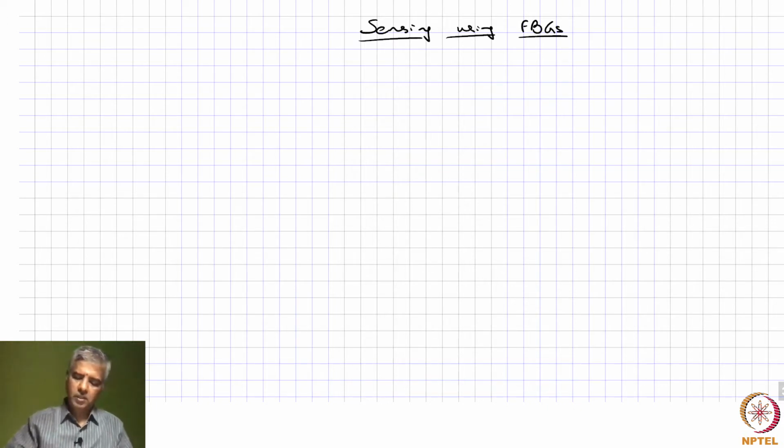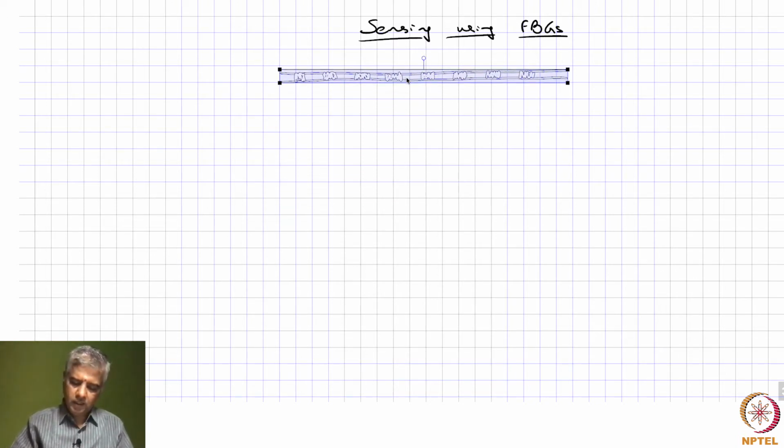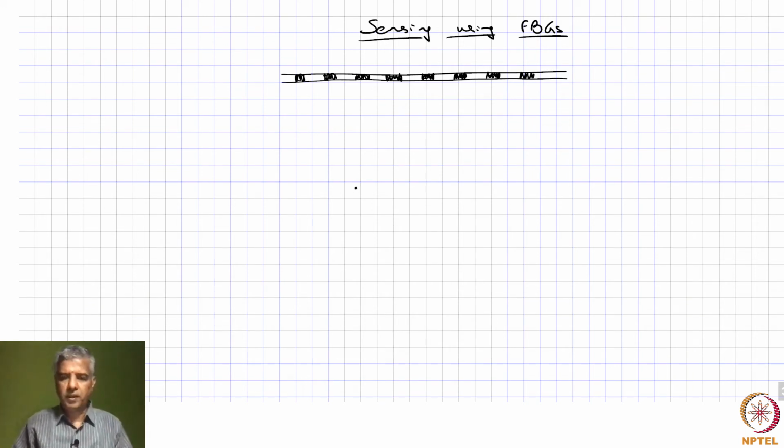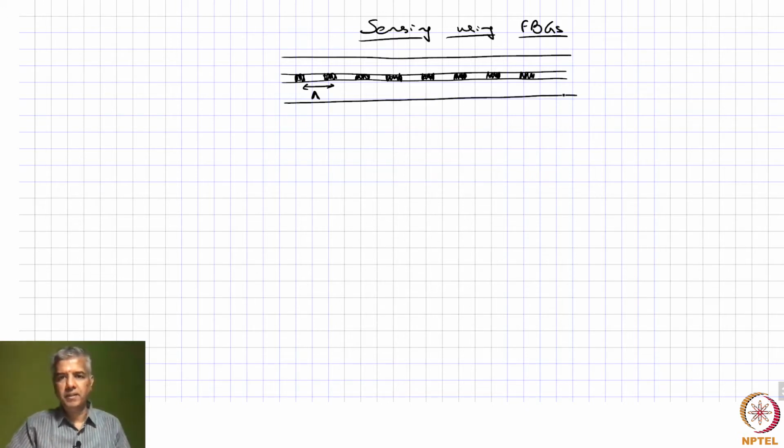So let's start with looking at the fiber Bragg grating a little more closely. Let's say this is the core of the optical fiber, where you have refractive index modulation happening at a period of capital lambda, and this is happening in the core of an optical fiber, which is of course surrounded by a cladding region.